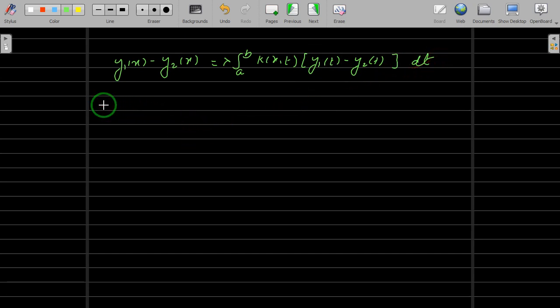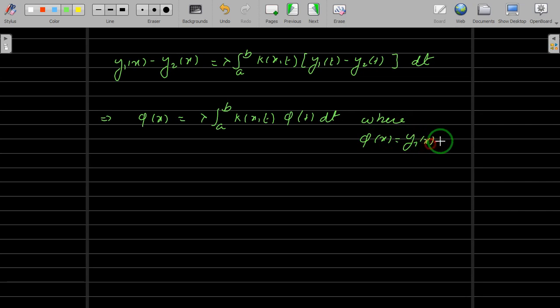And if I write y1 minus y2 as phi, this implies phi(x) equals lambda integral a to b K(x,t) phi(t) dt, where phi is nothing but y1(x) minus y2(x).